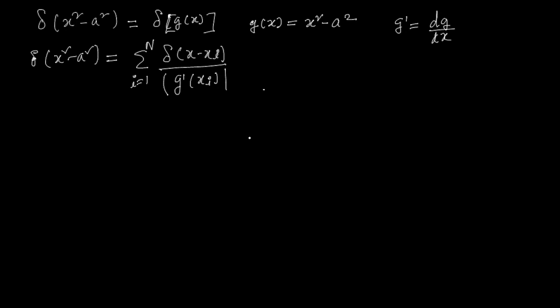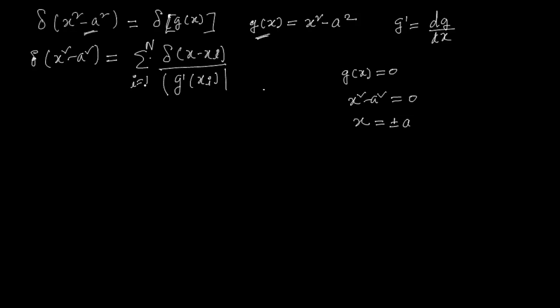Okay. So now if we want to write this Dirac delta function in terms of variable, first we have to make g(x) equal to 0. When you write g(x) equals 0, we'll get x square minus a square equals 0, so we'll get the value of x, that is plus minus a. Now how many terms will be there?